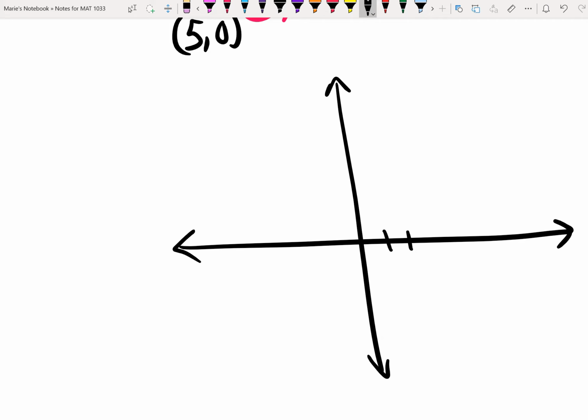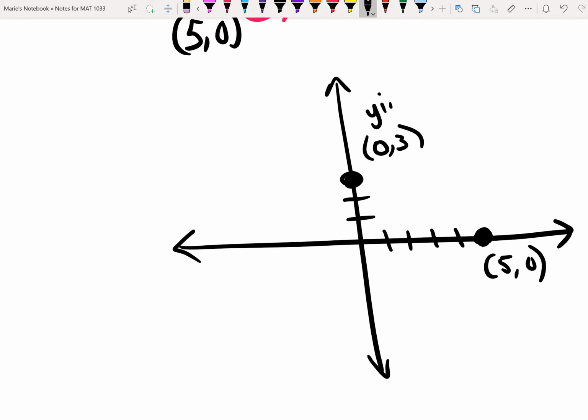Here's 1, 2, 3, 4, 5. That's the 5, 0. And then we're going to do 1, 2, 3, and that's your y-intercept. So this is, by the way, the y-intercept.